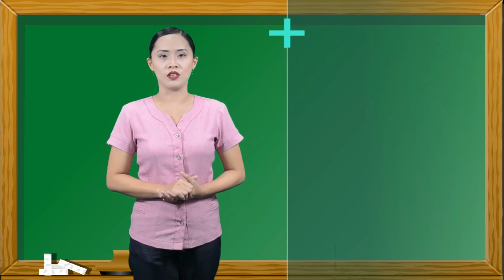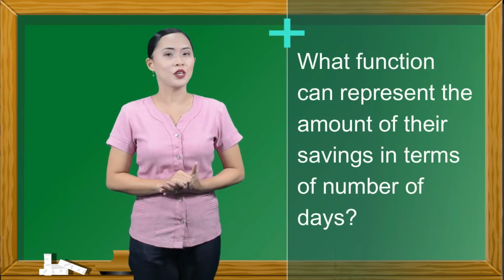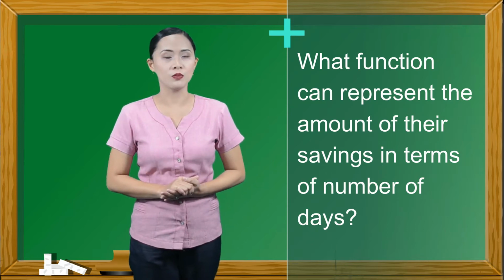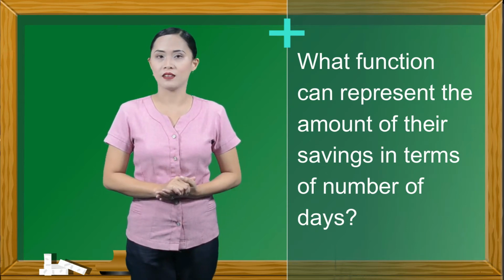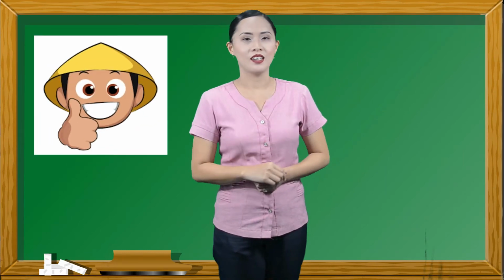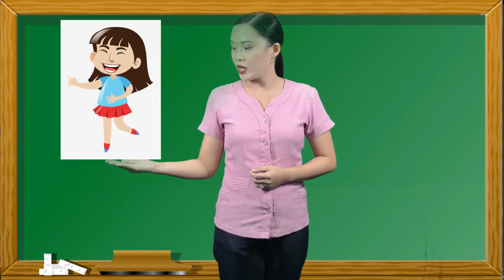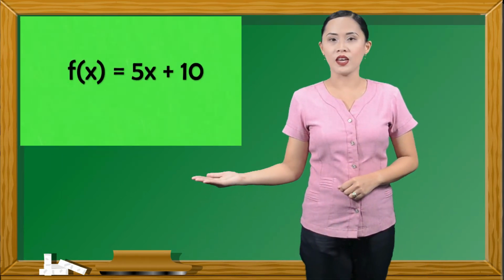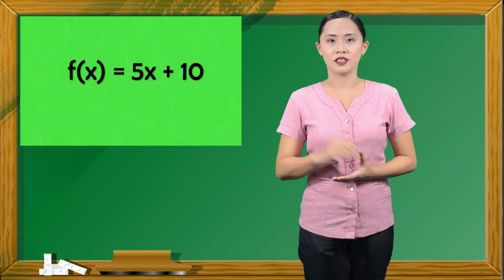Given the situation, what function can represent the amount of their savings in terms of number of days? Very good! For Nea, we have f of x equals 5x plus 10.